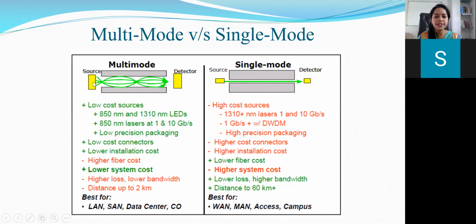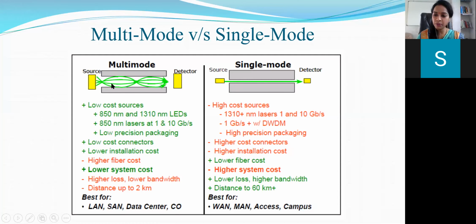Here this is the source. It is not a collimated source. In single mode optical fiber we are going to use a collimated source, like a laser, so that the light travels in a straight line in a single direction only, and goes to the detector.